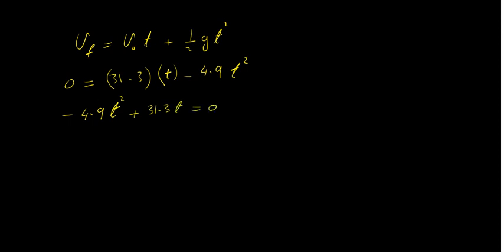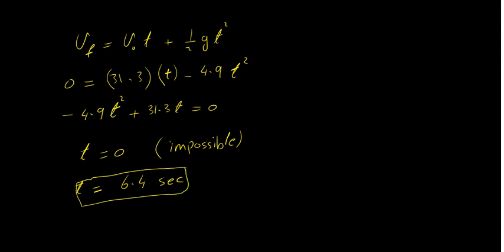Following the quadratic mathematical method to find the time, we will find that t could equal 0, and this one is impossible because the object really took time to reach the maximum height and come back to the original point, or t will equal 6.4 seconds, which is exactly what we just found in the previous way.